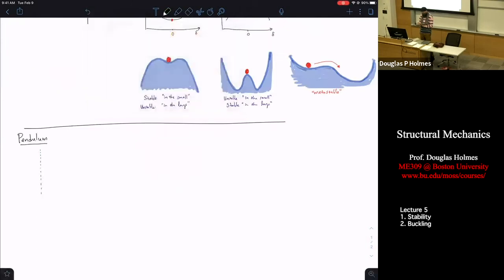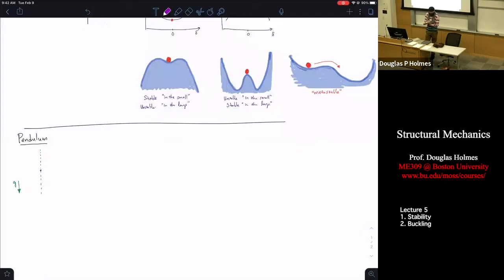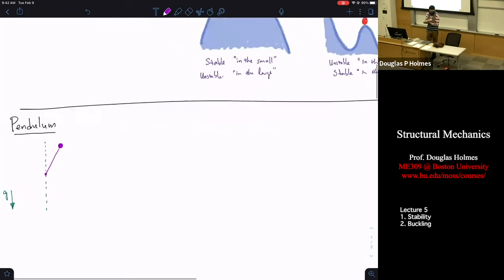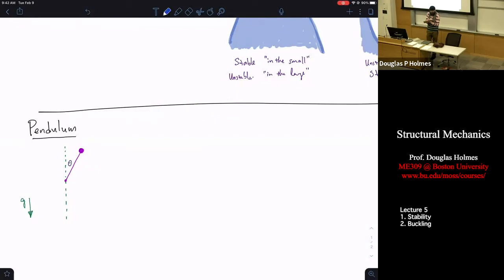I'm going to draw my pendulum. Sorry. So here, gravity is going down. My pendulum is up at some arbitrary height. We're going to measure the angle away from the vertical.